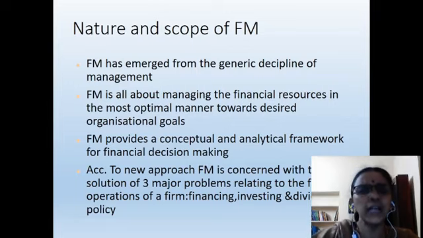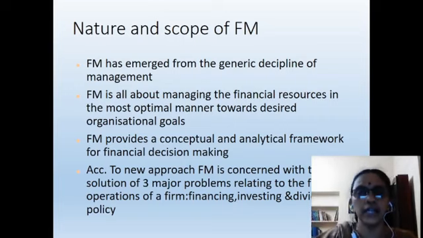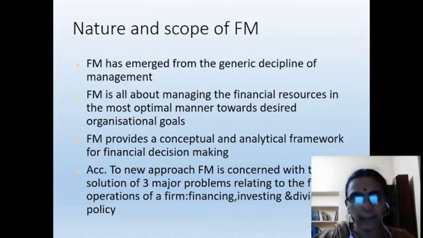So financial management is actually a major decision area of top level management. Compared to all the decision areas of the management, it also comprises strategic decision, tactical decision and operational decision.